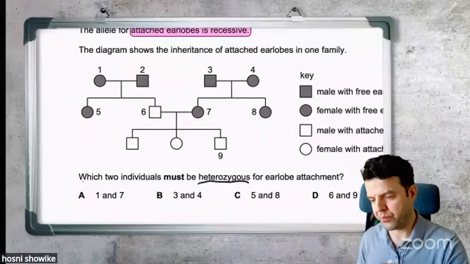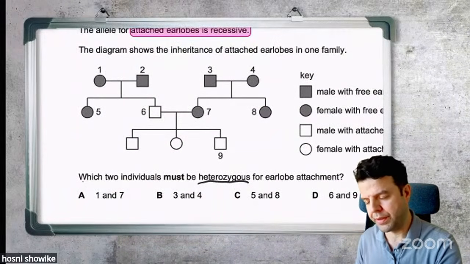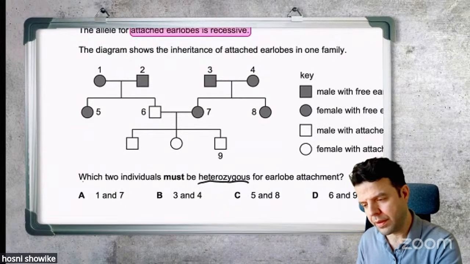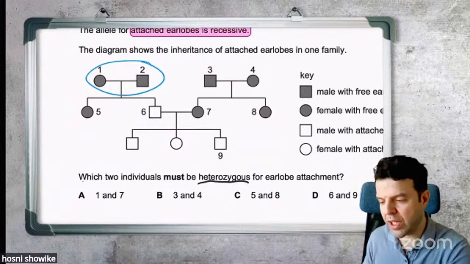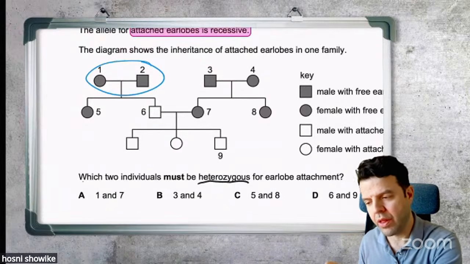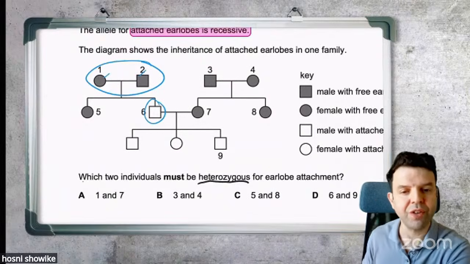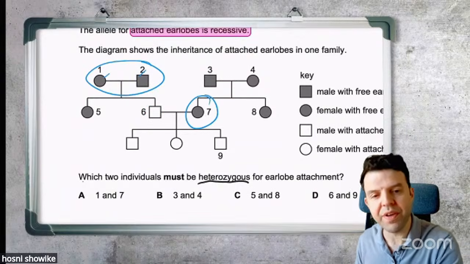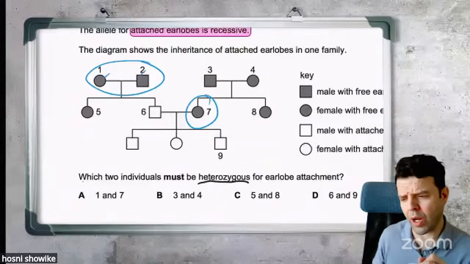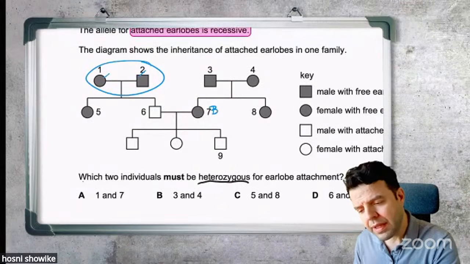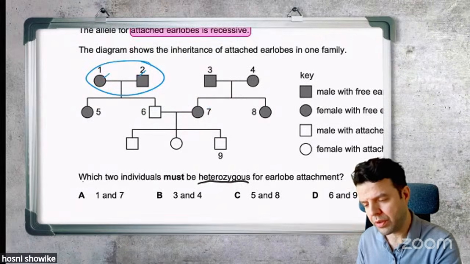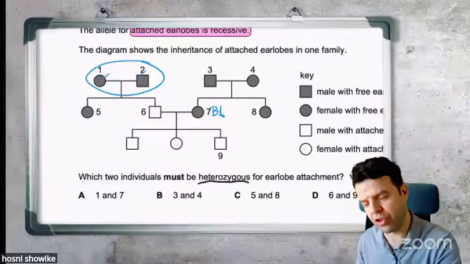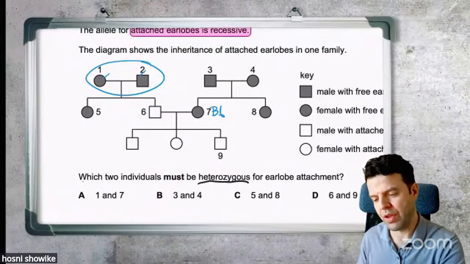So what I have here is these two, right? 1 and 2. 1 and 2 have a different child, see? They're both free and they have attached. In addition, 7 must be hetero, right? Because all these children are actually attached earlobe.